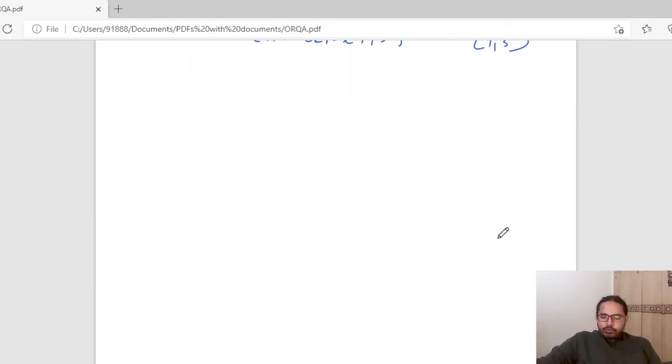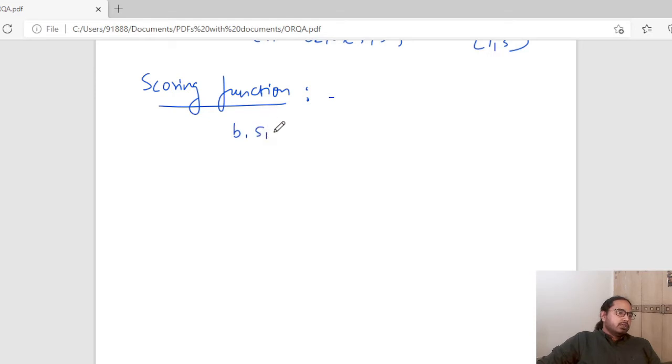Next, in the setup, we have to talk about the scoring function. The scoring function is not the same as the loss function. This is the score the model gives to a triple of B, S and Q. When there is a retrieved block B and a given question, for a particular span, what is the score that the model gives?